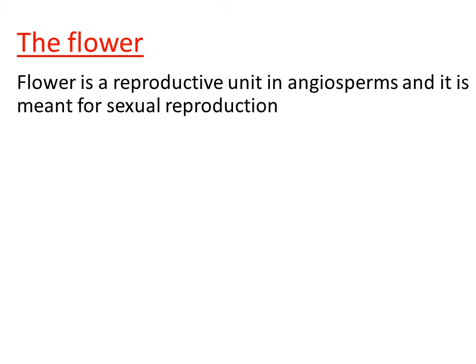So this is very important. What kind of reproduction takes place by the flower? That is sexual reproduction. The formation of gametes takes place in one of the parts of the flower. So sexual reproduction takes place by one of the reproductive units in the angiosperm, that is called a flower. Right? So what parts are present in the flower?